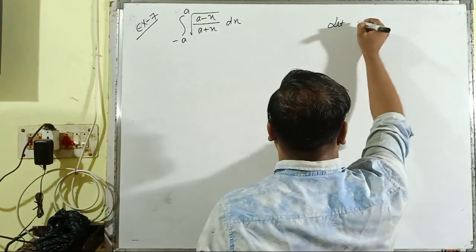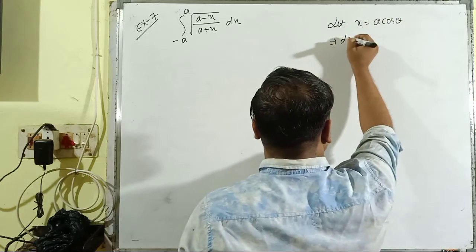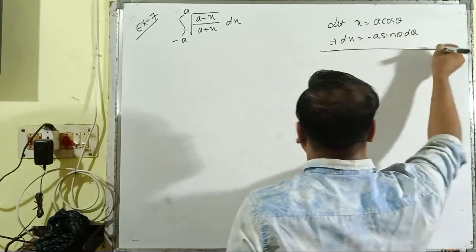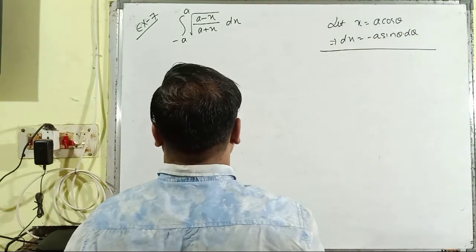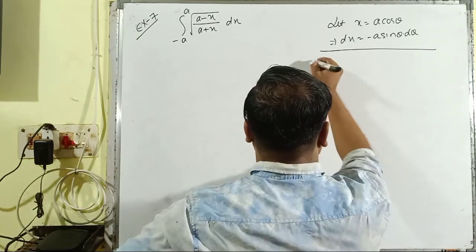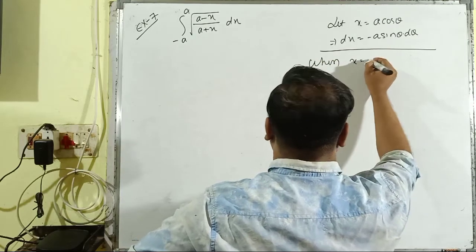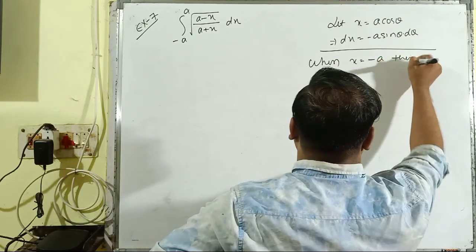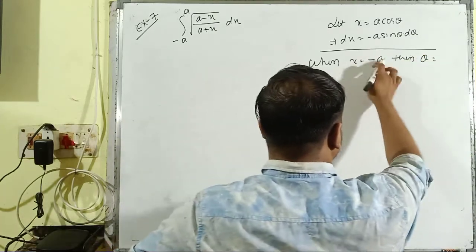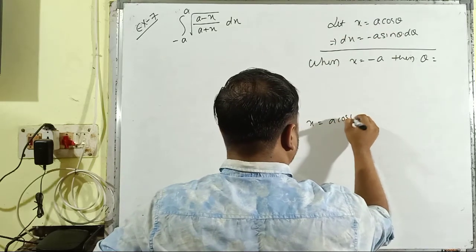Let us consider x as a cos theta. Then dx will be minus a sin theta d theta. So here is dx, but we have to change again the upper limits and lower limits as per the new variable. So when x is equal to minus a, then x is equal to a cos theta.